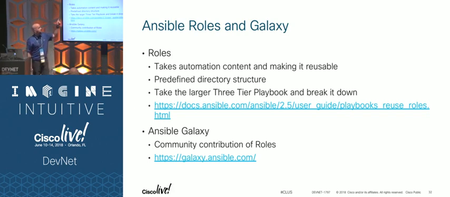And indeed you can, using Ansible roles. Ansible Galaxy is a community contribution of roles. So maybe somebody else has already created a 3-tier application with ACI and Ansible. You can go out to galaxy.ansible.com and see if anyone in the community has, or maybe you want to contribute your own playbooks and roles to the community. This is where you can find more information around roles.